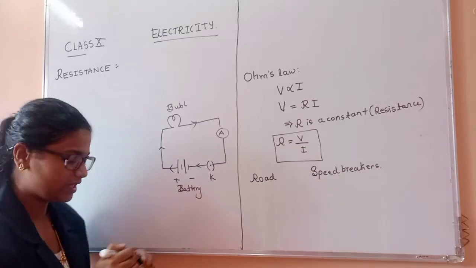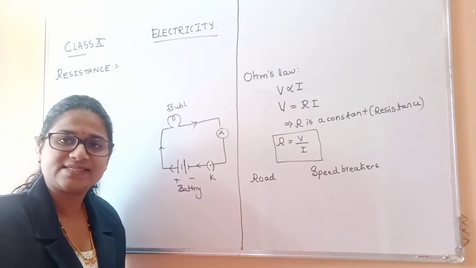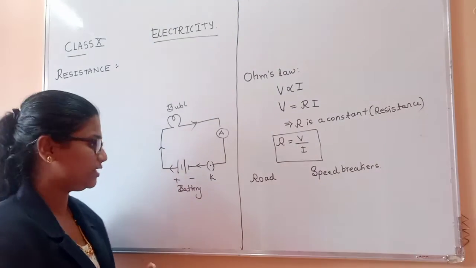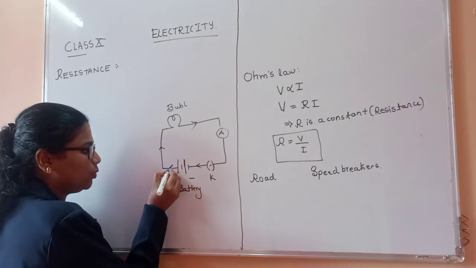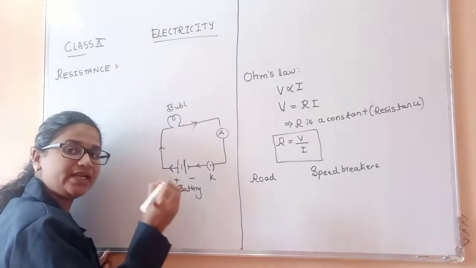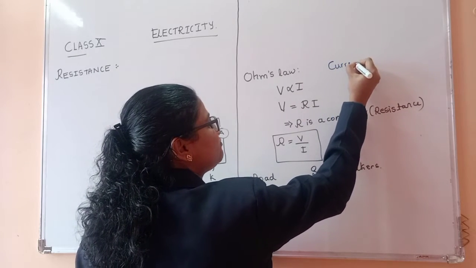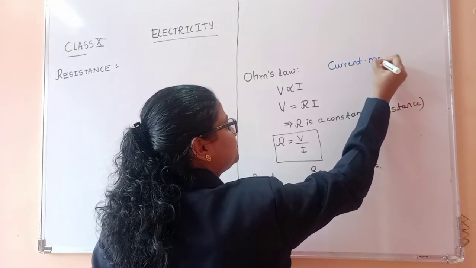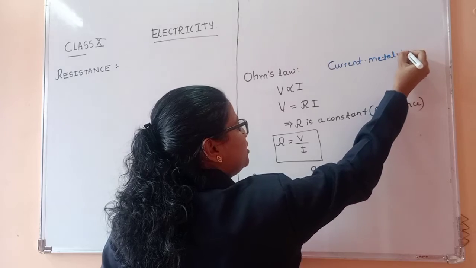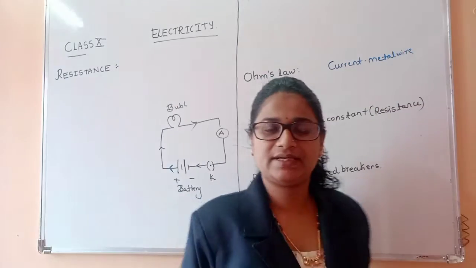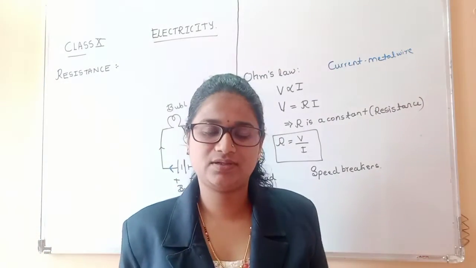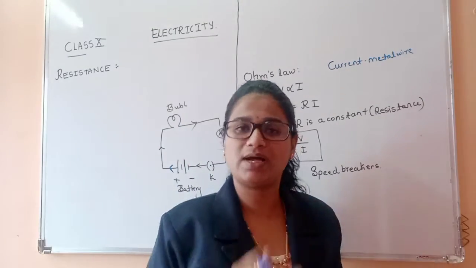So here, guys, as you can see the flow of current, the current is flowing in a metal wire. Metal wires are good conductors of electricity, we know that. They allow the current to pass through them.